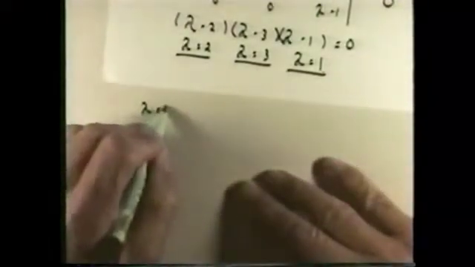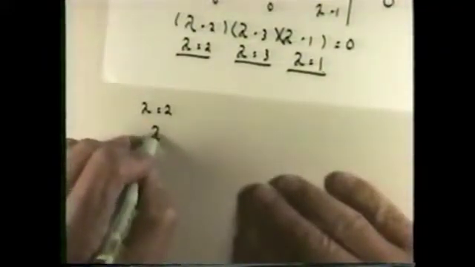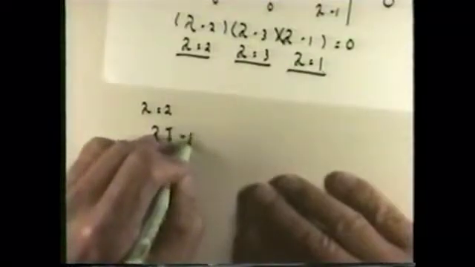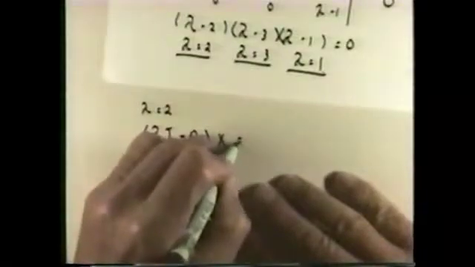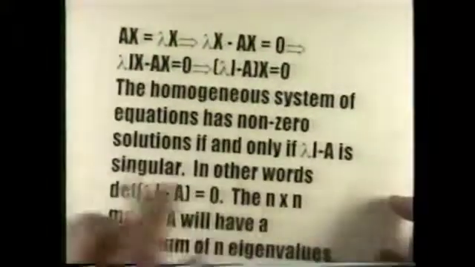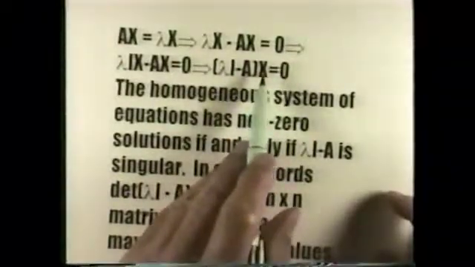So first, we'll consider lambda equal to 2. Well, we know that lambda I minus A times x is equal to 0, and x will be the eigenvector that I'm looking for.